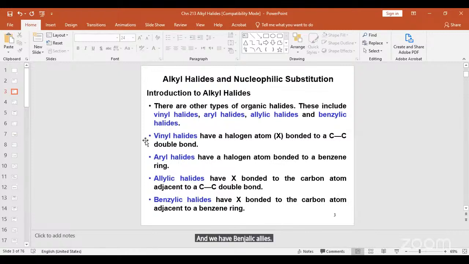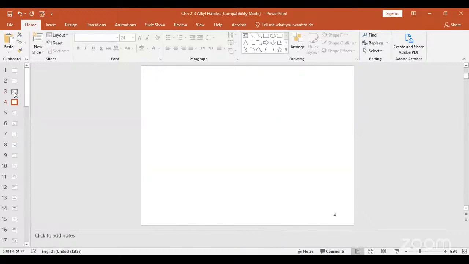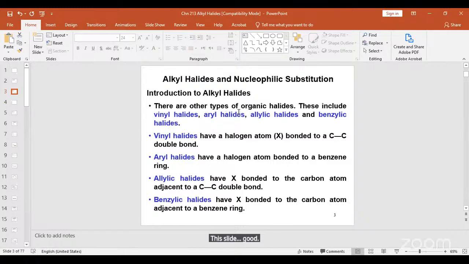I think at this point, I want to bring back my annotation and insert another slide again. Let me insert a slide there. This slide. Oh, good. You have the vinyl halides when your halogen atom is bonded to a carbon-carbon double bond.